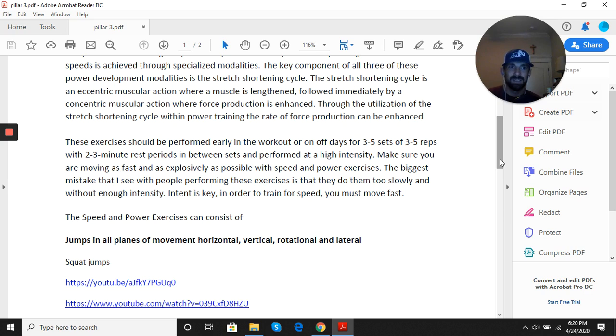This should be essentially a 10 out of 10 as far as intensity, and then we rest and recover. So that's one of the biggest points I want to make with this: we need to be at full intensity when performing these. Speed training, power training, intent is the key.